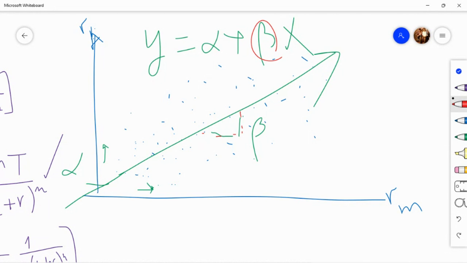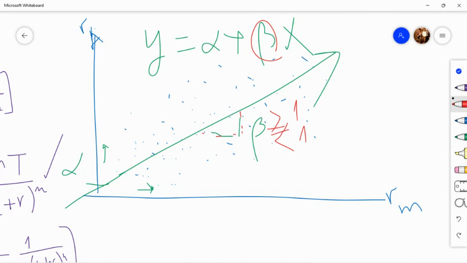Then think about it. I told you, depending on beta, right? Beta can be greater than 1, equal to 1, or less than 1. If beta is equal to 1, that means exactly when market return moves by 1%, Apple moves by 1% in the same direction, right?